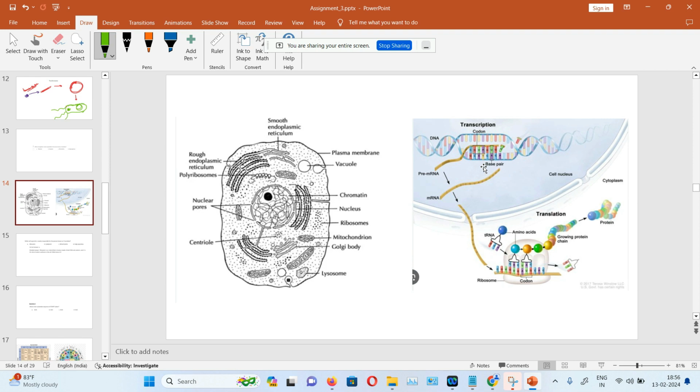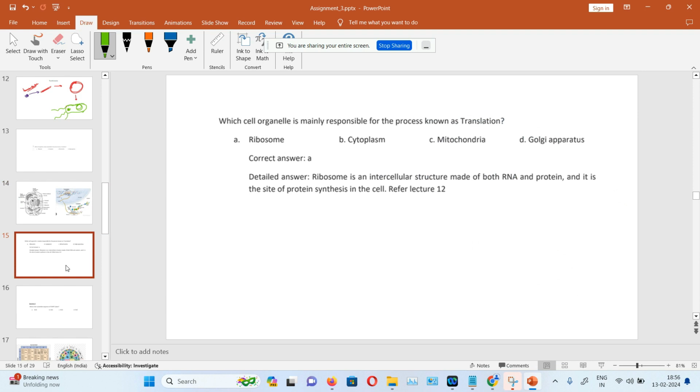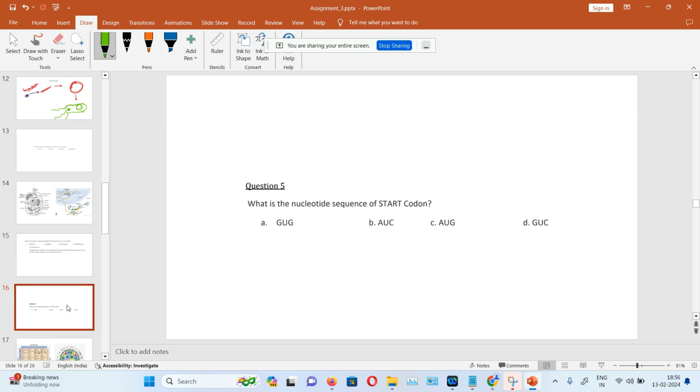So there should be some code corresponding to that start codon, and there is only one particular code which is the start codon. So what is the nucleotide sequence of the start codon? If you know, you can type or tell.